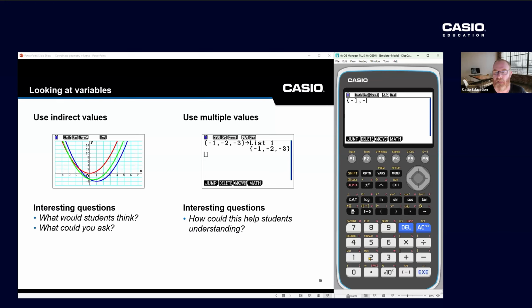I'm just going to enter a few negative values, use a comma to separate, so that's just above the blue delete key, close with shift and divide. And then that's actually a list of values, and then you can store it using the store arrow as a list.